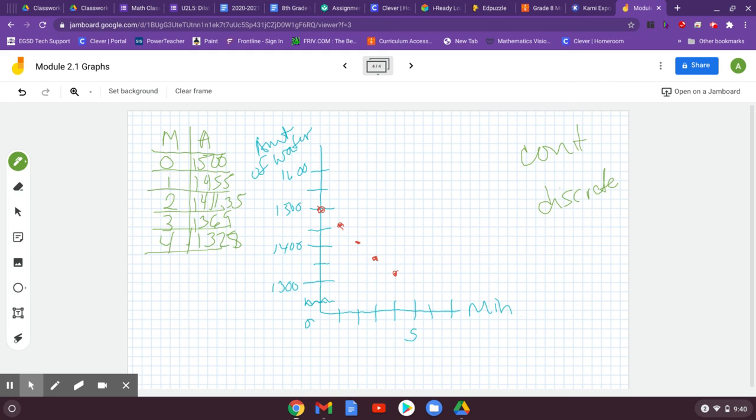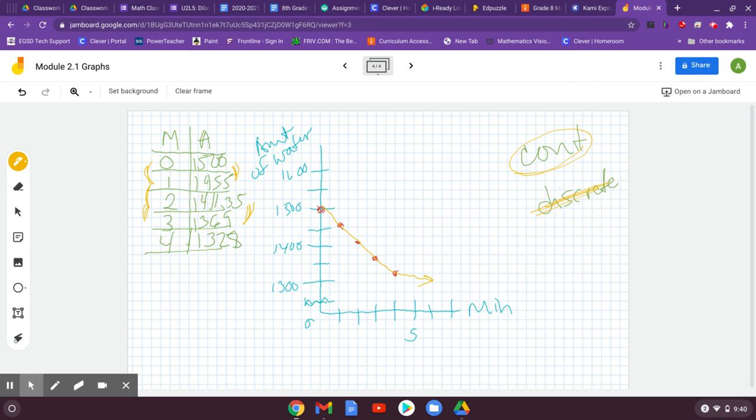It's continuously dropping from 0 to 1, 1 to 2, 2 to 3. I could pick any numbers in between. At some point, it will be 1475. At some point, it will be 1400. So this one would actually be connected as you're going. So that would mean it's continuous. So it's a continuous flow.